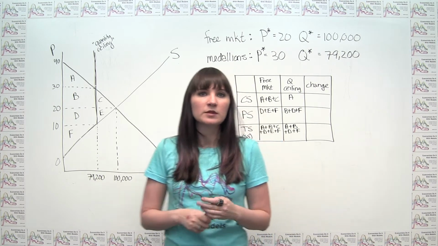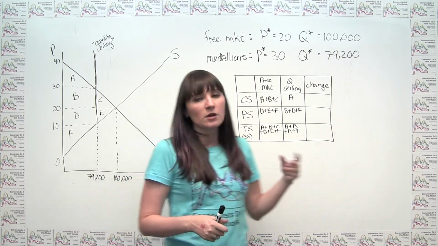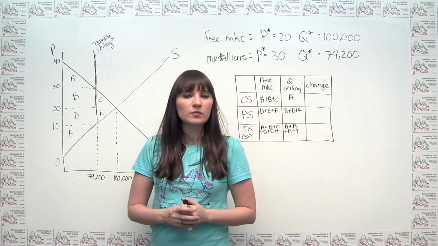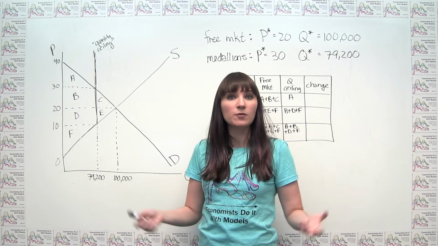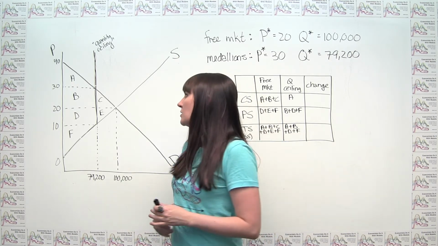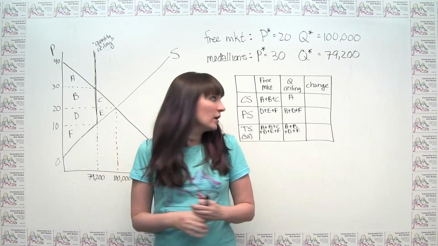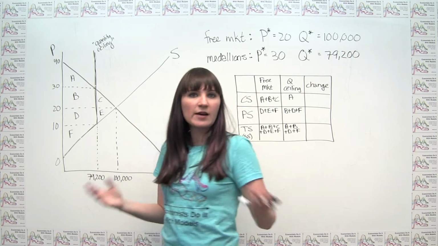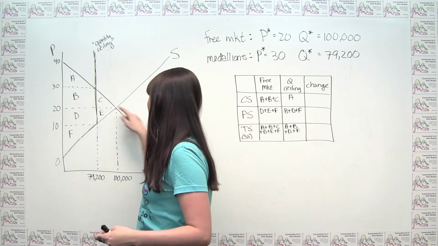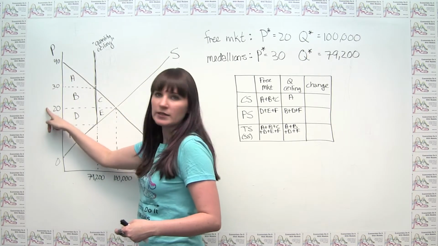The first time I got through it, something didn't make sense and I had to erase all of it and start over. So the first time that I tried to do this, and I'm explaining to you what happened because I think it's actually helpful for you to know, I went through and just said, okay, A plus B plus C is a triangle, so I'll just do 1/2 base times height, so just 1/2 times 100,000 times 20.